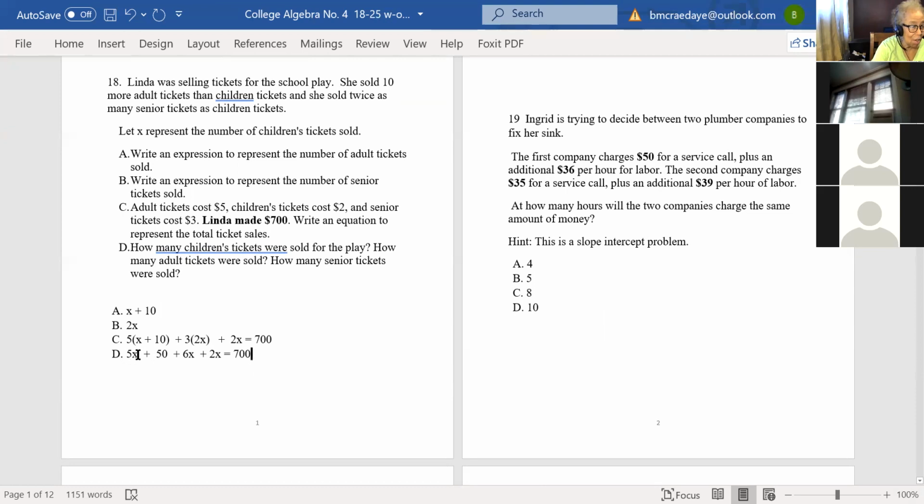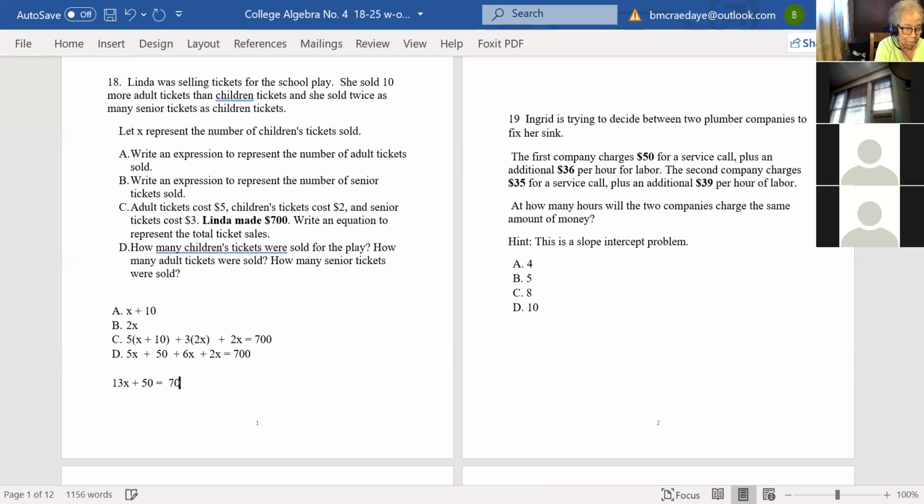So your like terms are all your x's, right? 5x, 6x, plus 2x. What's 5x plus 6x plus 2x? 13x, right? Okay, so we have 13x and we still have our 50, and that's equal to 700.